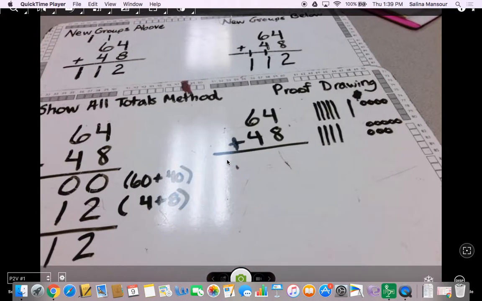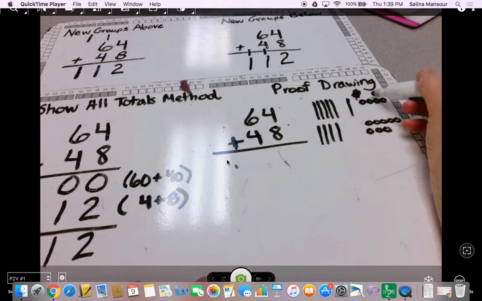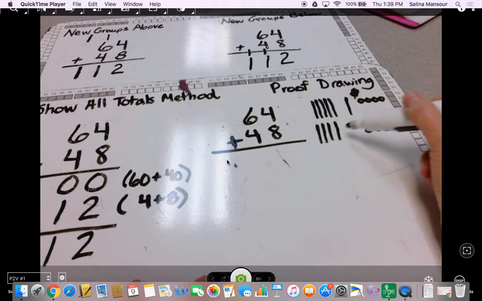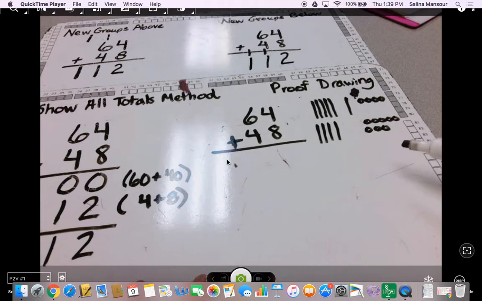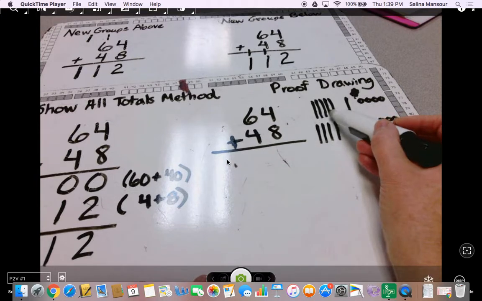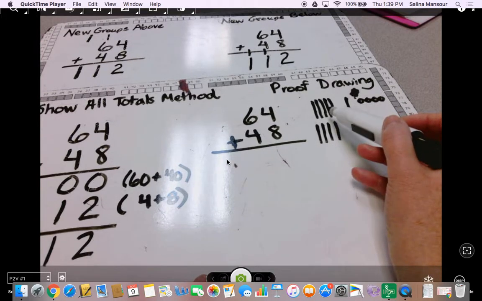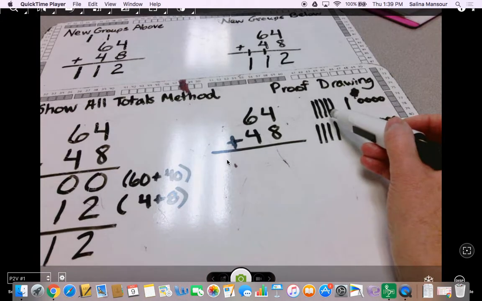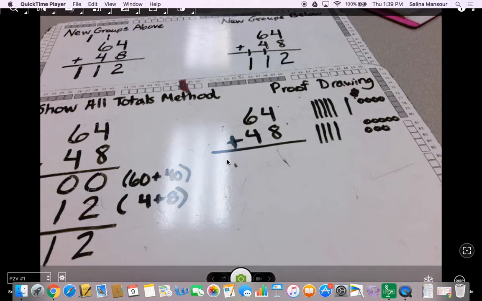Notice that even over here, I tried to keep all my ones together and all my tens together. And that's really important because it helps make sure that you're really understanding place value, that each digit has its place. Also notice that I did sets of 5 because we're experts at counting by 5s, and it makes it go faster. It makes it easier for your brain to look at it and quickly get it.